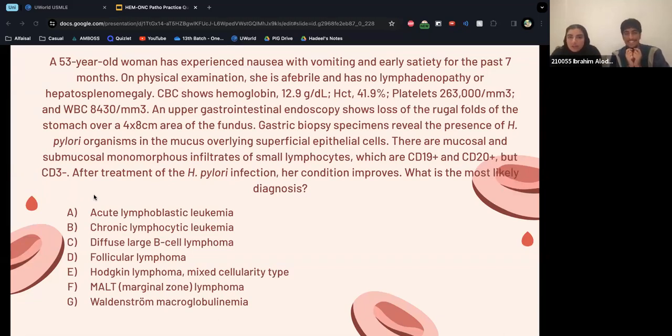Upper GI endoscopy shows loss of the rugal folds of the stomach over a 4 by 8 centimeter area of the fundus. Gastric biopsy specimens reveal presence of H. pylori in the mucus overlying superficial epithelial cells. There is mucosal and submucosal monomorphous infiltrates of small lymphocytes, which are CD19 and 20 positive, but CD3 negative. After treatment of H. pylori infection, her condition improves. Which is the most likely diagnosis?